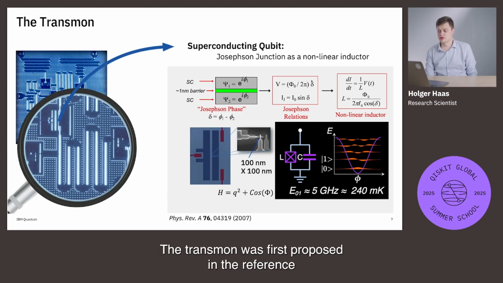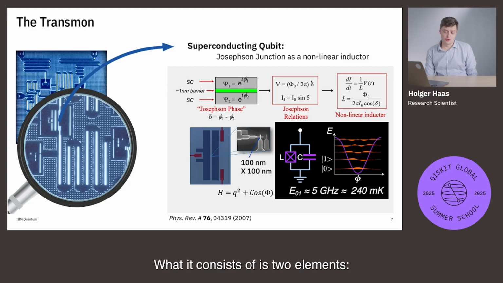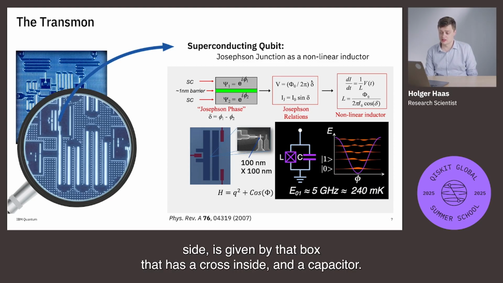The transmon was first proposed in the reference that we give here in the slide nearly 20 years ago. What it consists of is two elements. A Josephson junction, which in the circuit that you see there on the right-hand side is given by that box that has the cross inside, and a capacitor.